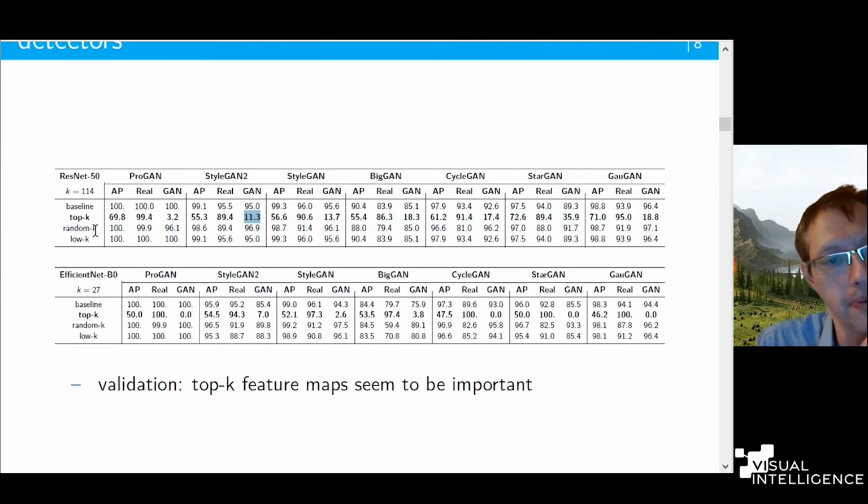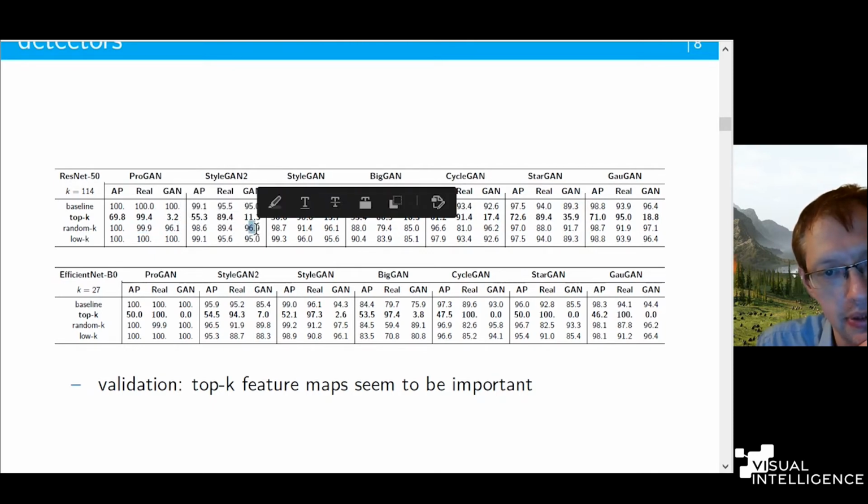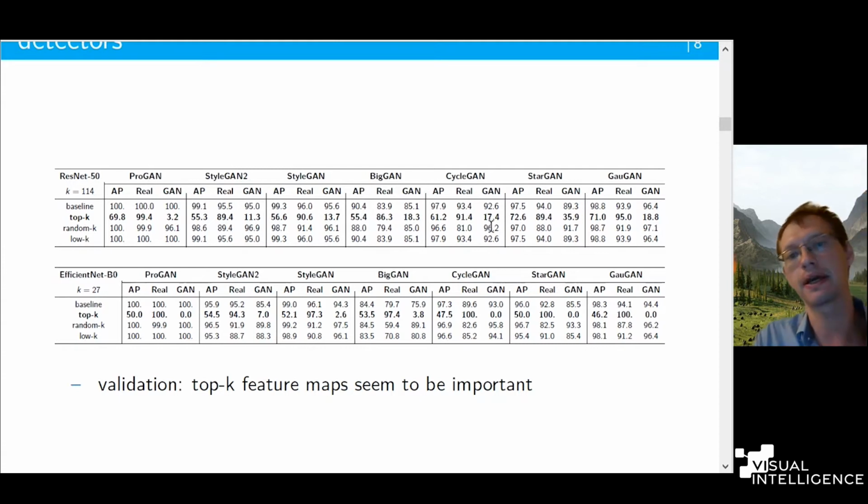What happens when we drop random channels? Well, we obtain a small drop, but the drop is much lower compared to dropping the top K found channels. And you see this across all kinds of GAN generated images. And the same for EfficientNet.